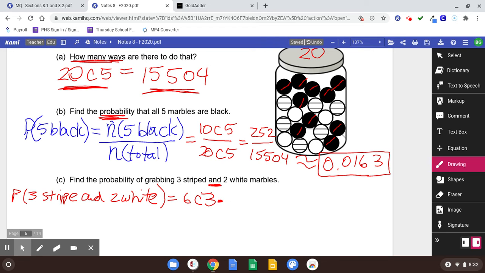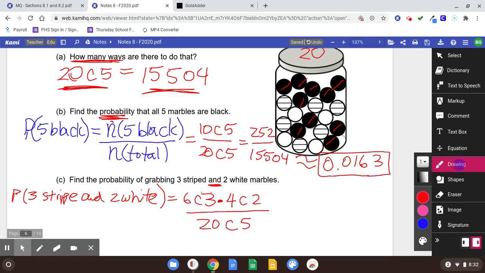And means times, 2 white ones out of how many white ones? 4 white ones, we're choosing 2. And that's really it. And the total, again, there were 20 total marbles, and we were choosing 5 total marbles. One thing I also like to do sometimes, and you probably won't, is think about the implication. When it says 3 striped and 2 whites, it kind of implies that there are 0 others, in this case black ones.